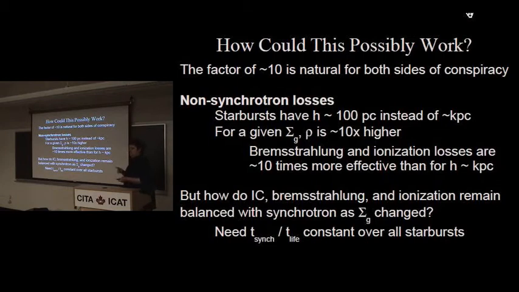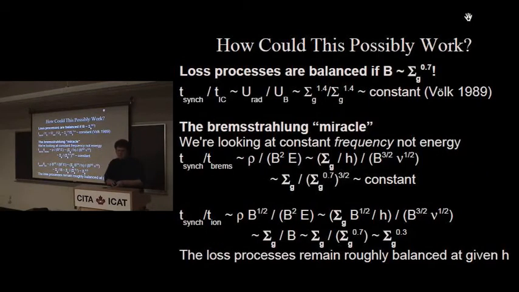But there's something else we have to check. We have to check that once you do get this factor of 10, it's preserved. The ratio of these other loss processes to synchrotron is preserved for the starbursts. So basically you want the fraction of energy going into synchrotron with respect to these other loss processes to be constant. And it all comes down to this gas surface density dependence of the magnetic field strength.